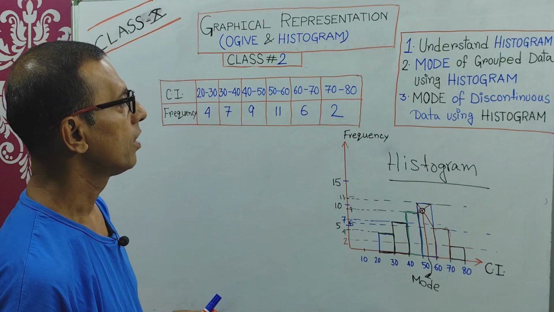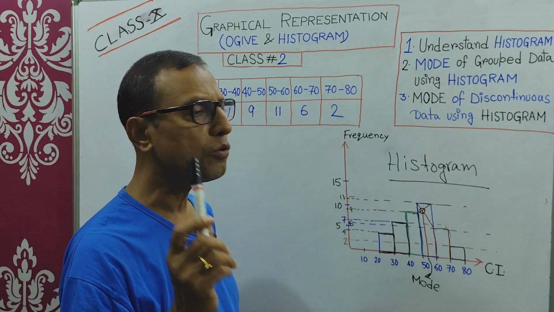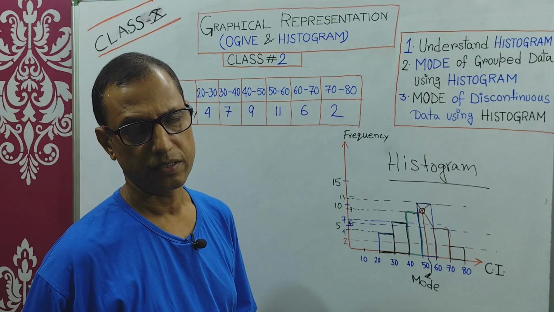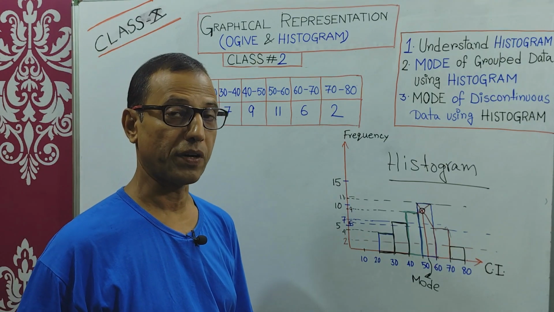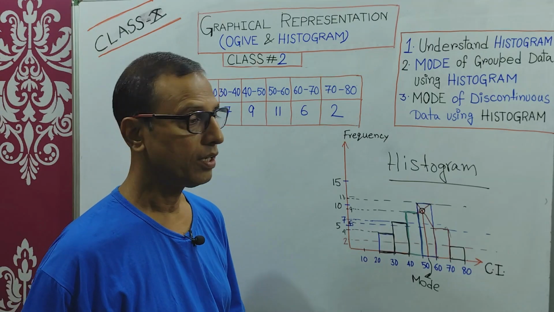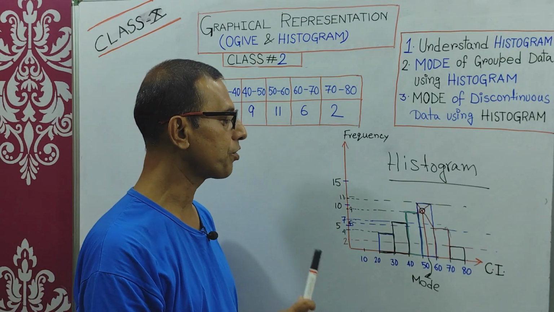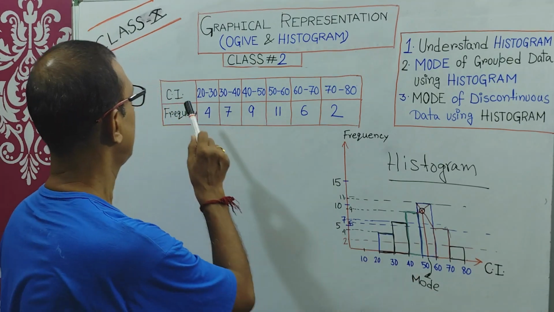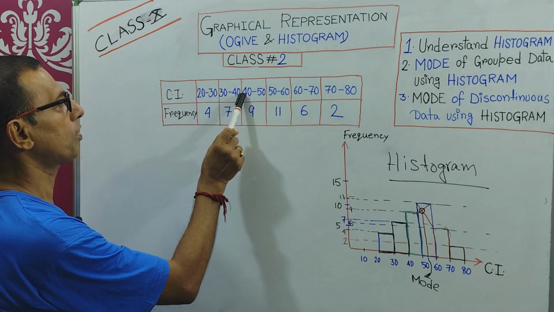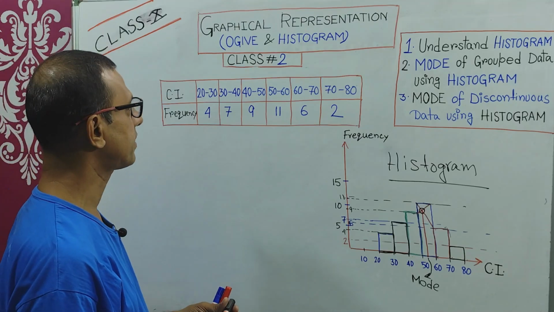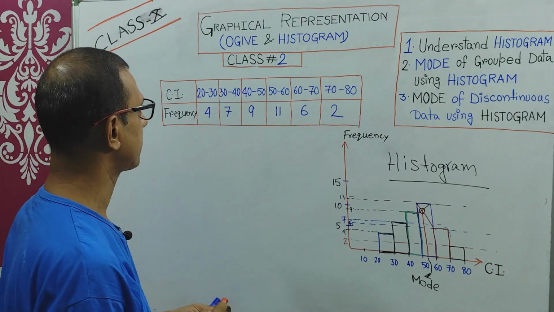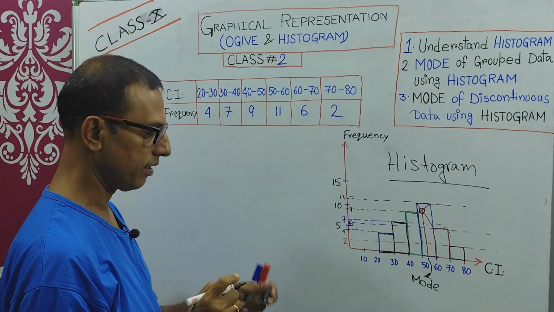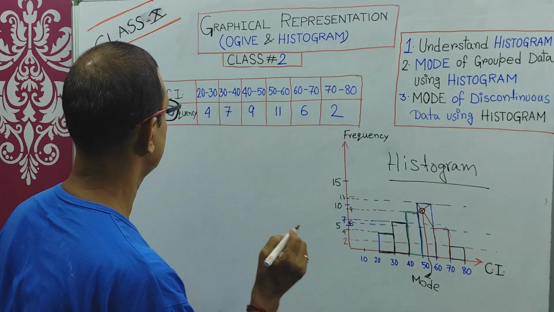Now I will tell you one more thing. Let's say there is a discontinuous data set, but you need to find the mode. How will you do it? For the histogram, you need to have a continuous data set: 20 to 30, 30 to 40, 40 to 50, with no gap. But let's say the table looks like this.